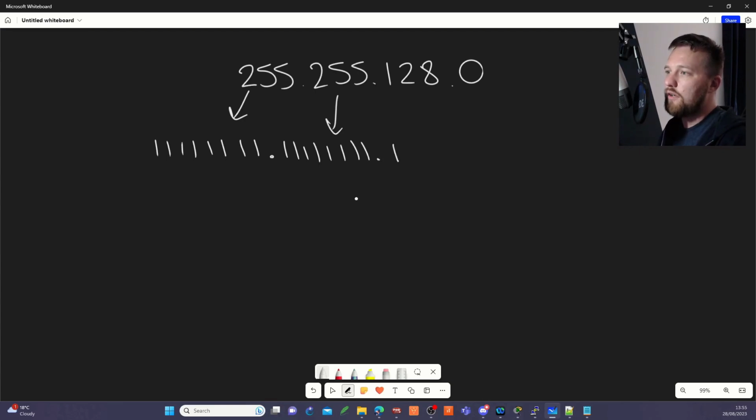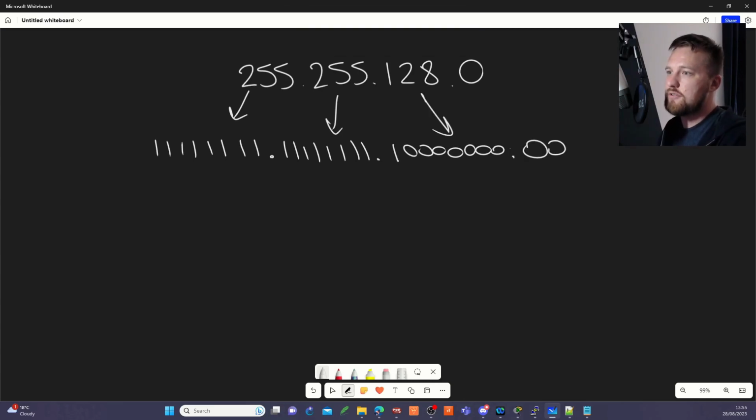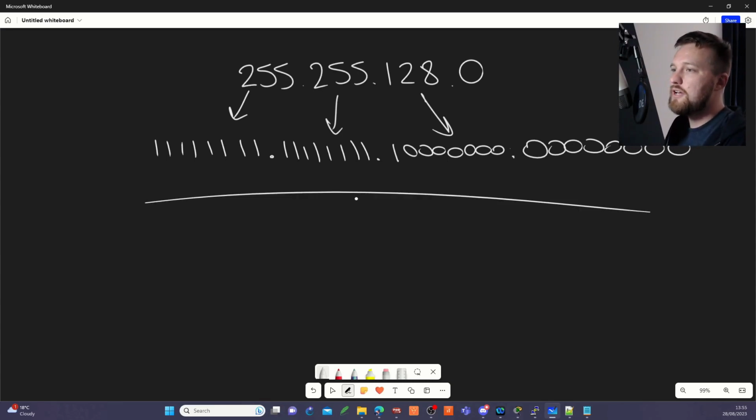And then 1, 2, 3, 4, 5, 6, 7, 8. I've done too many. There we are. That's our 128, followed by 0s. So there we have a valid subnet mask string.